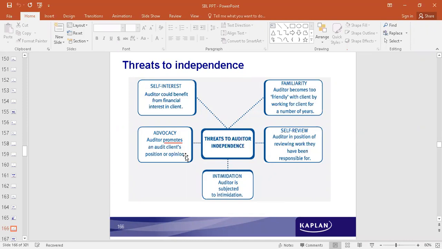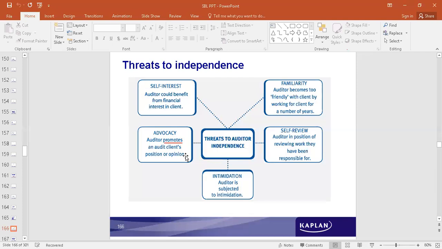Okay, that's one thing. Intimidation. Does anyone know the meaning of intimidation? The auditor is subjected to intimidation. Maybe threatened.